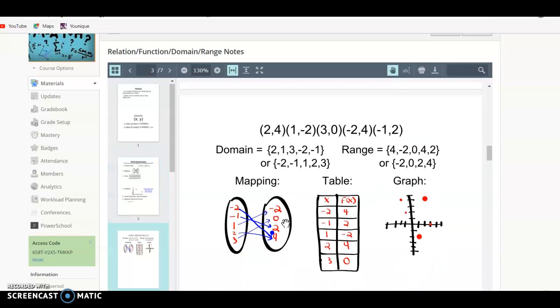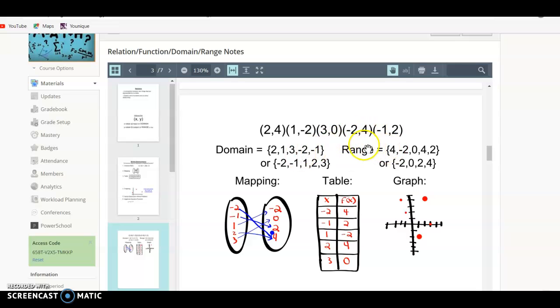So let's look at this set of ordered pairs: (2, 4), (1, -2), (3, 0), (-2, 4), and (-1, 2). Our domain, input, or x values are 2, 1, 3, -2, and -1.